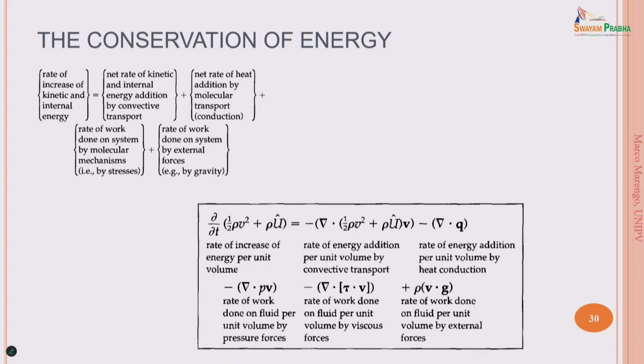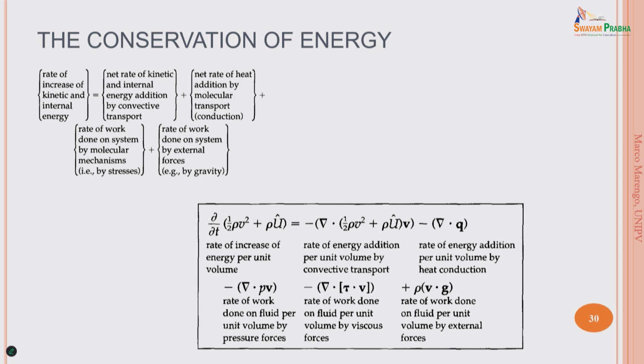I'm not repeating the demonstration. It's very similar to what we have done until now. Only that now we have u plus 1/2 of v squared to transport instead of a phi. But at the end, the demonstration is very, very similar.